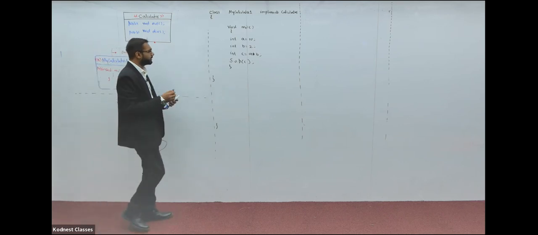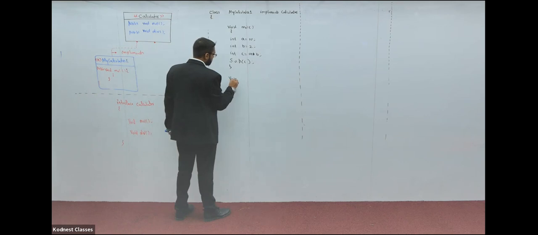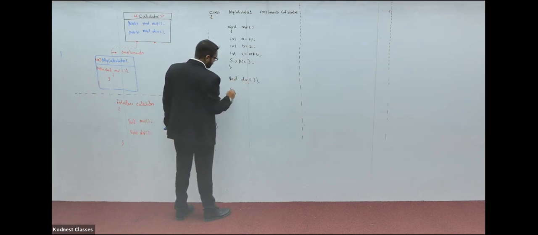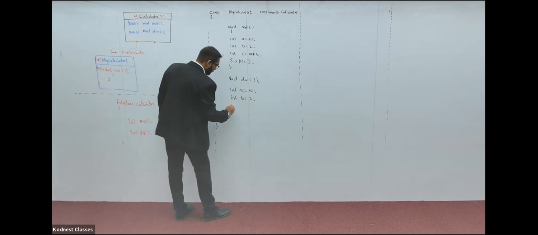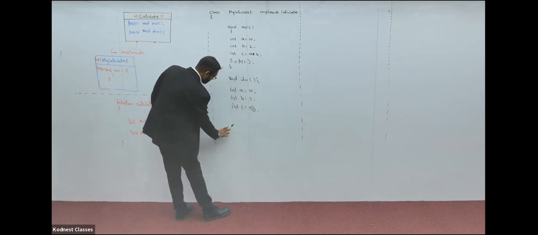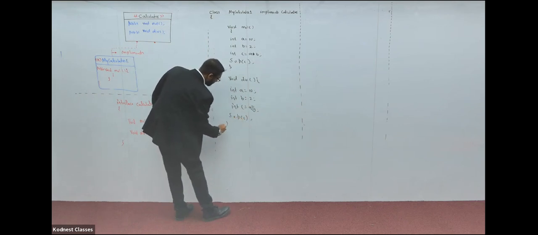I'll give the implementation for div. Void div. Here I would tell int a equals 10, int b equals 2, int c equals a by b, system dot out dot println c, closing the div.